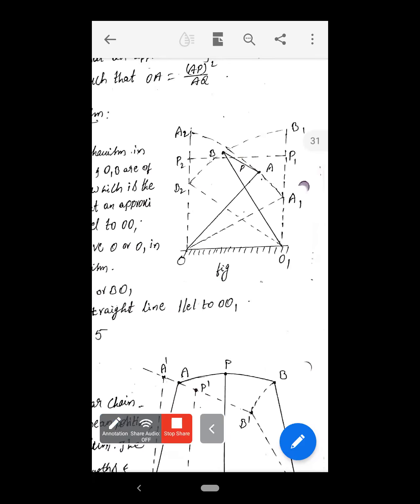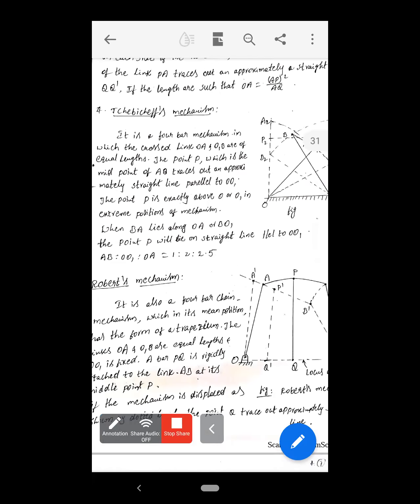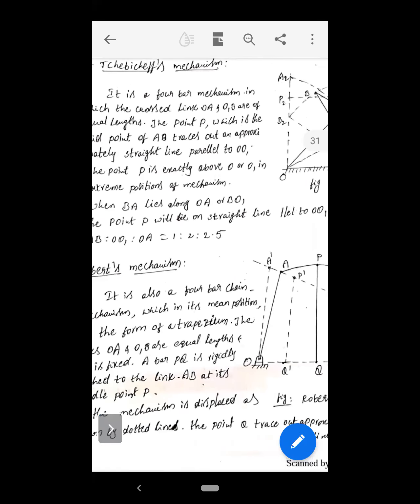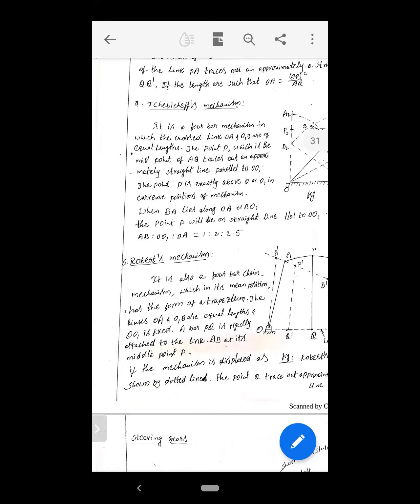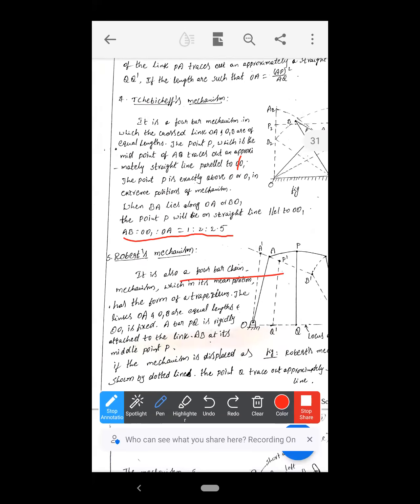For getting the Chebyshev mechanism, they maintain one equation, some link lengths. All of you observe that AB to O1 to OA equals 1 to 2 to 2.5. What are the link lengths followed here?